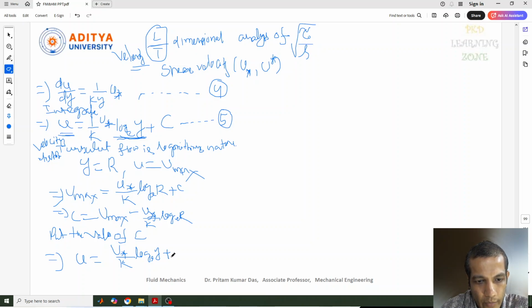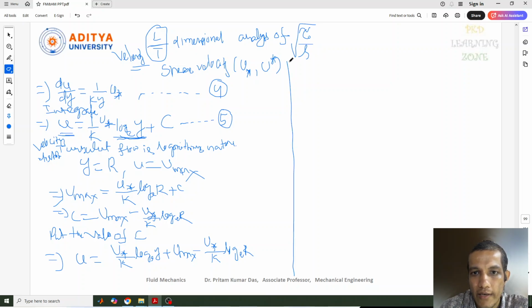Now again plus U max minus U star divided by K log E R. So now see, these two things are common, correct? These two things are common, only here Y is there, here R is there. So these things we can take it to, let me write here.